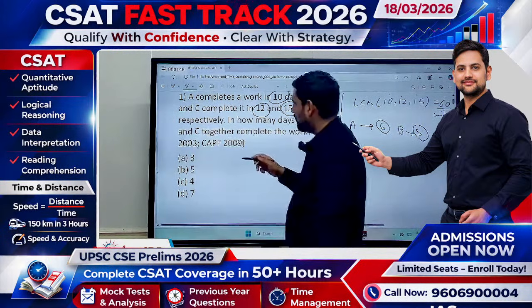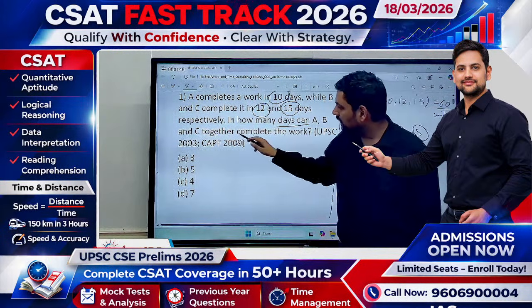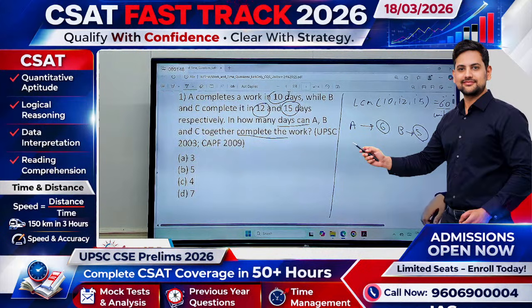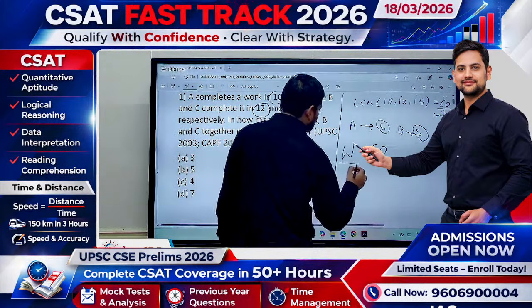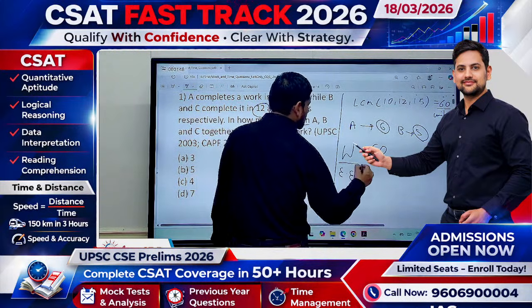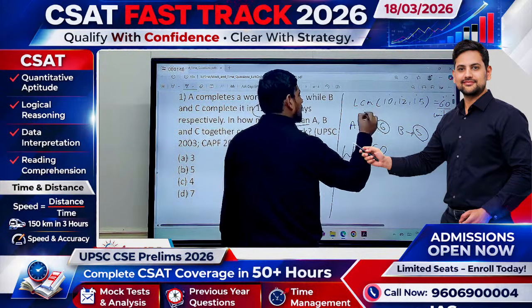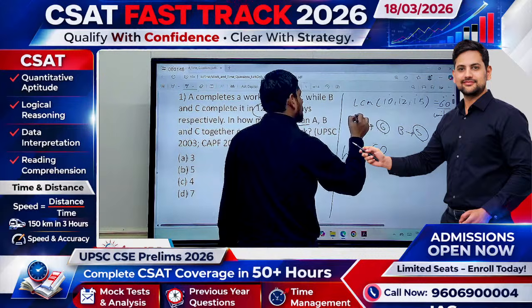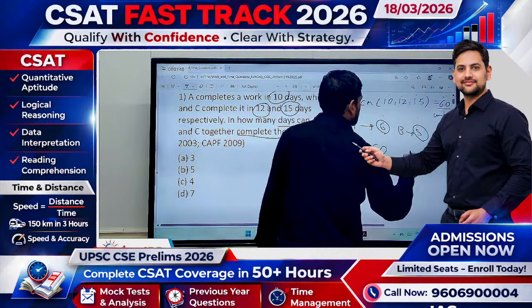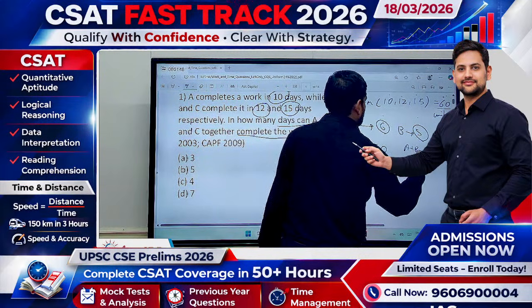Then it is asking you in how many days they can together complete the work. So here total work is 60. If they're asking for time, eventually it will become work upon effective efficiency. This will be equal to time. So 60 divided by, now it is saying all three of them together. So A plus B plus C is equal to 6 plus 5 plus 4.